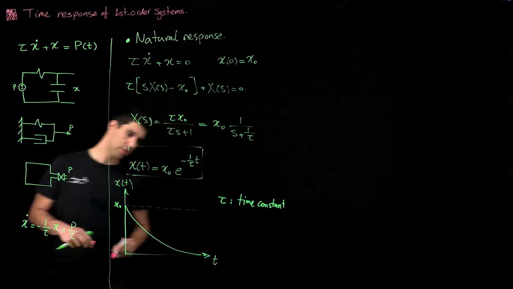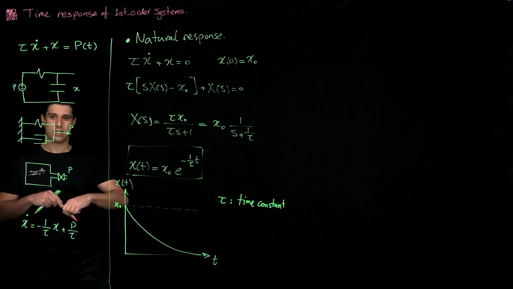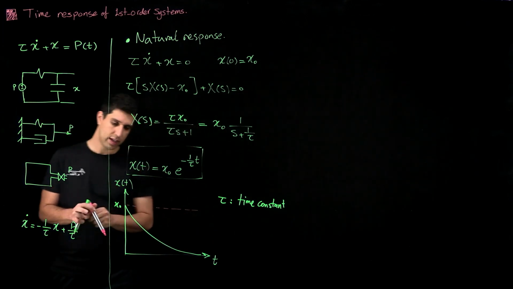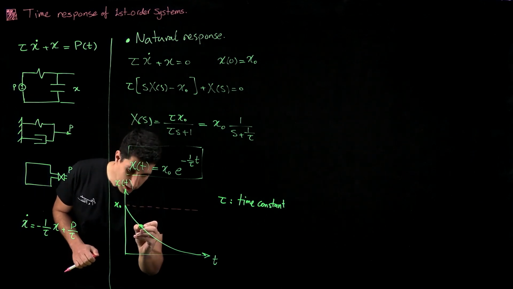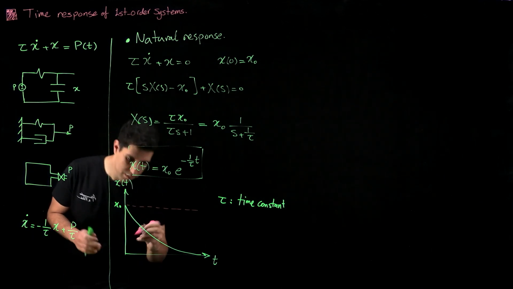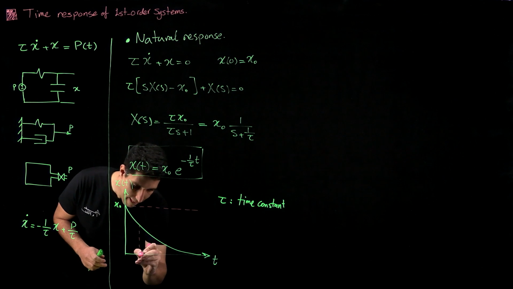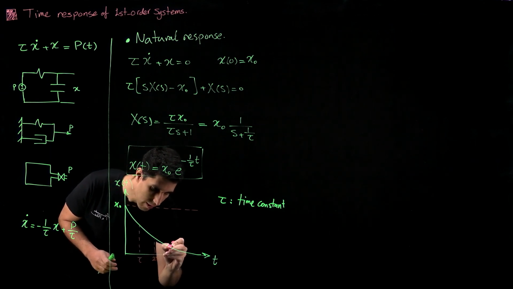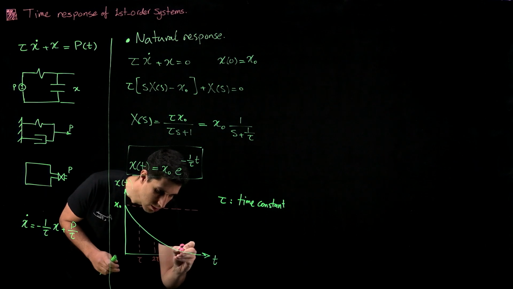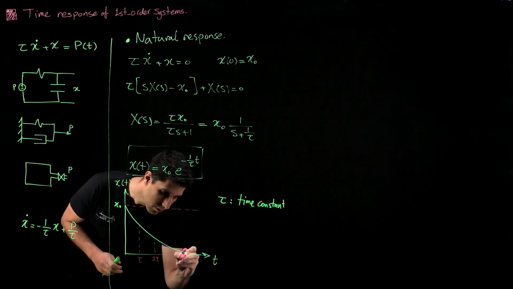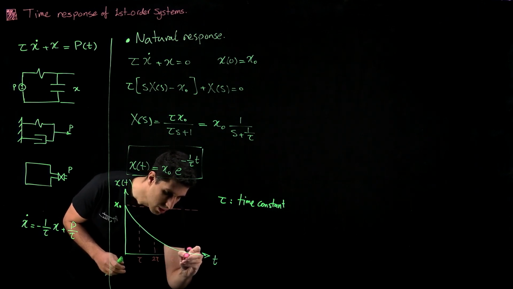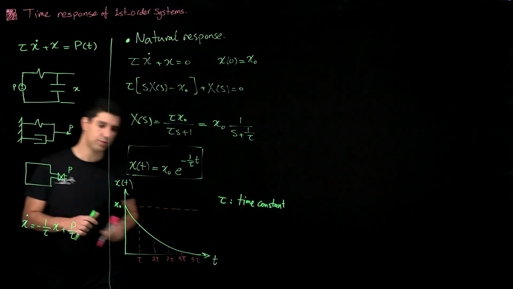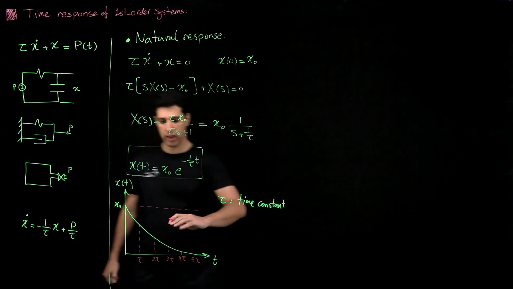So if this is my original x naught level, at every time constant, I keep writing it with red. This is tau, 2 tau, 3 tau, 4 tau, and 5 tau, and so on.